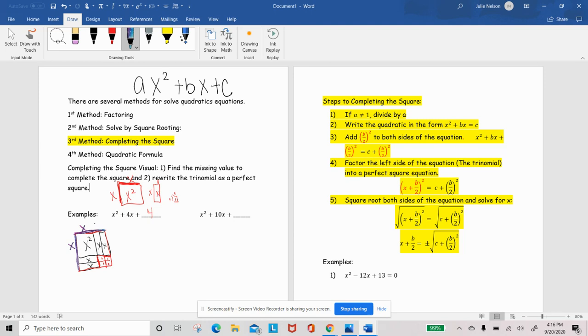Each x is x times 1. Notice that this is x plus 2 long and x plus 2 wide. So I can rewrite x squared plus 4x plus 4 as x plus 2 quantity squared.